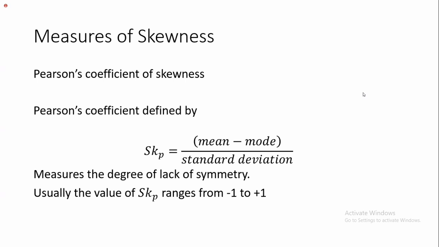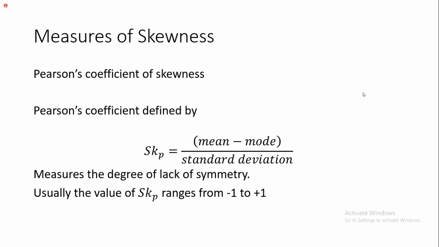This SKP, or Pearson's coefficient of skewness, is mean minus mode over standard deviation. If we get a positive value for this, we call it a positively skewed distribution. If we have a negative value for this SKP, then we call it a negatively skewed distribution.